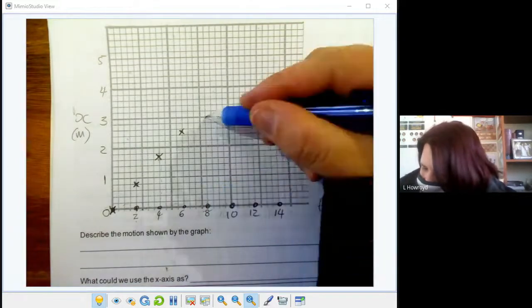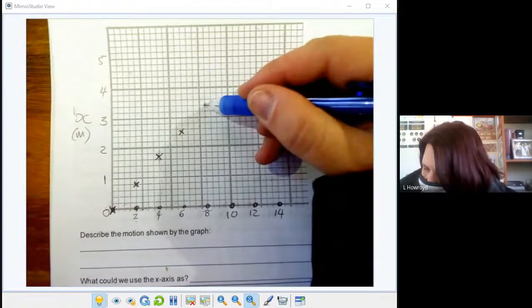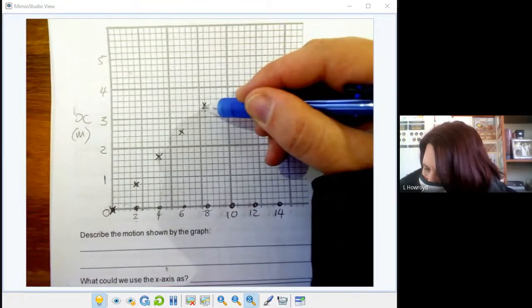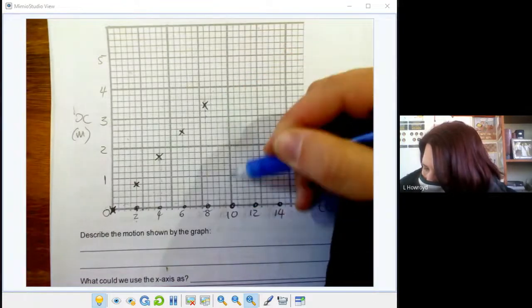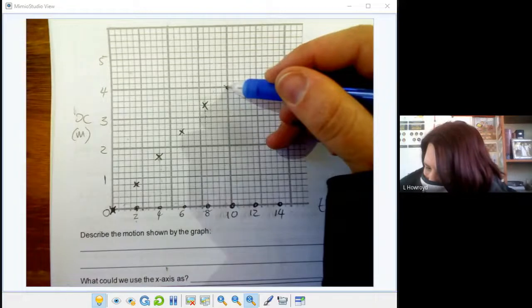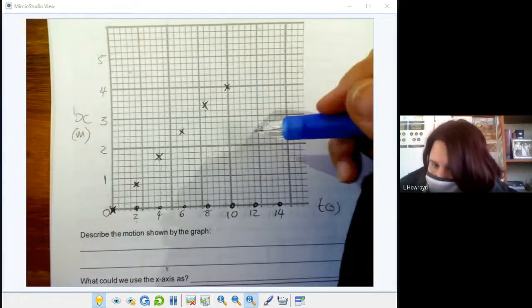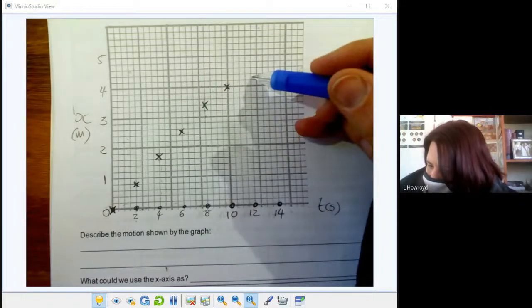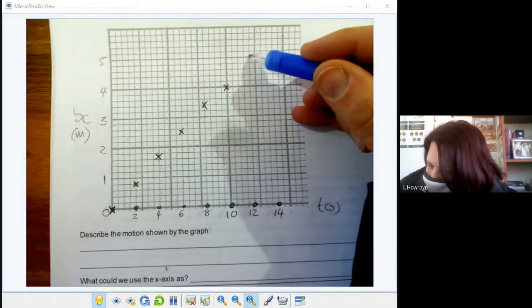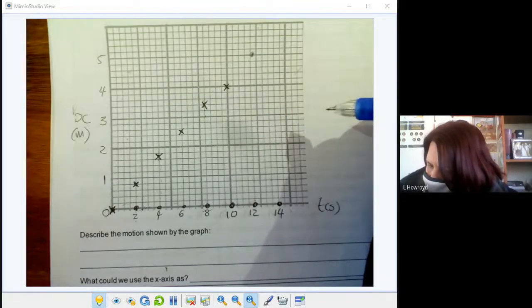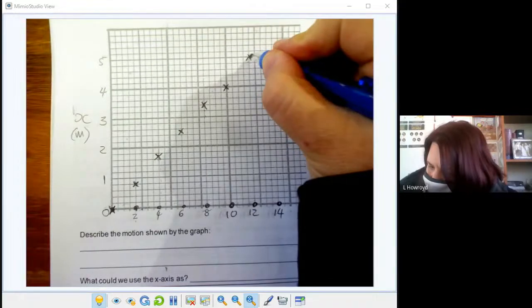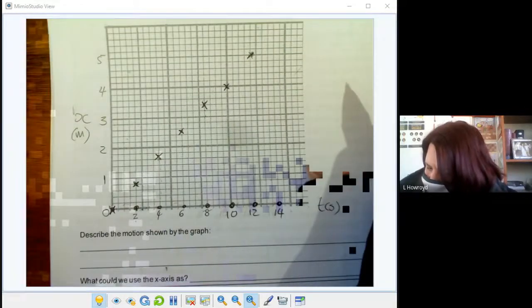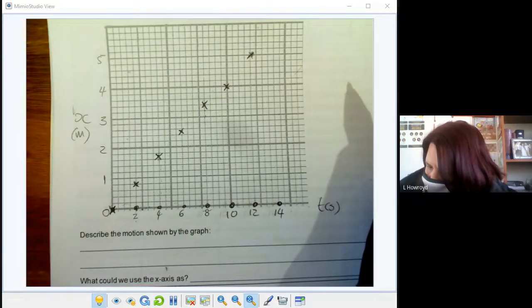Is 3, 3.2, 3.4. 10 to 4. Okay, 12 to 5. 14.